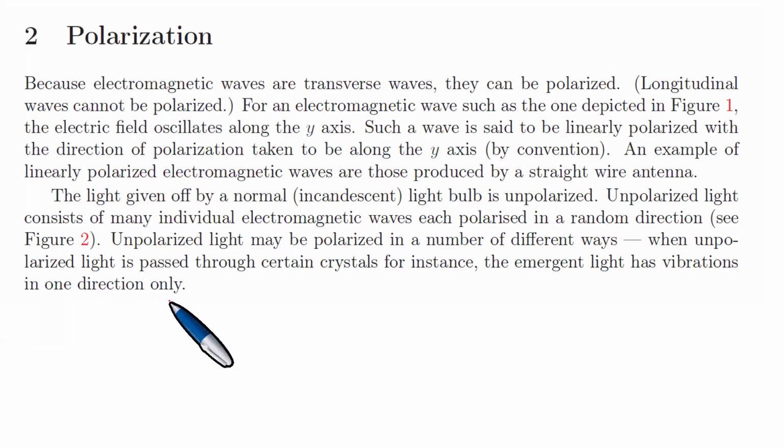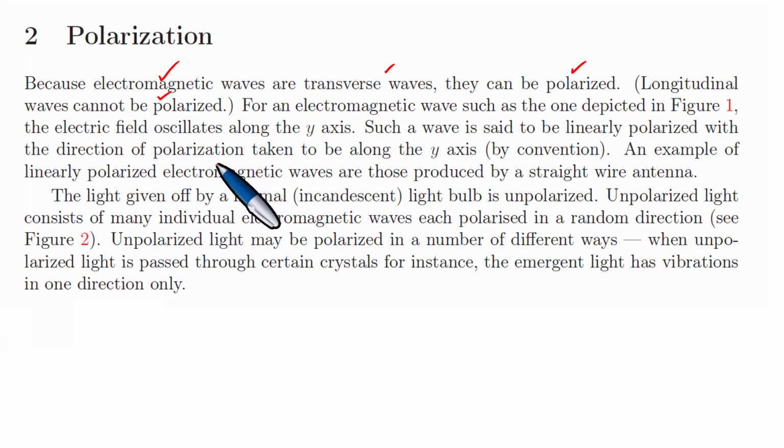I want us to look briefly at what we call polarization. Because electromagnetic waves are transverse waves, they can be polarized. Longitudinal waves cannot be polarized. In electromagnetic waves such as the one depicted in figure 1, the electric field oscillates along the y-axis.